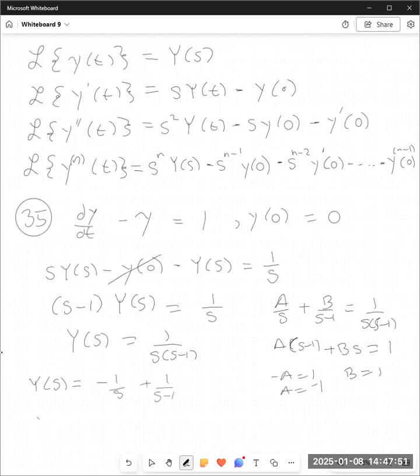That makes little y of t equal to inverse Laplace transform. Pull out the negative there, 1 over s, plus inverse Laplace transform, 1 over s minus 1, is equal to negative 1 plus e to the t.